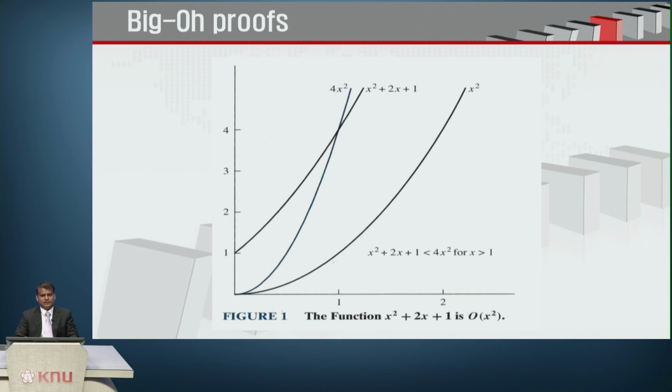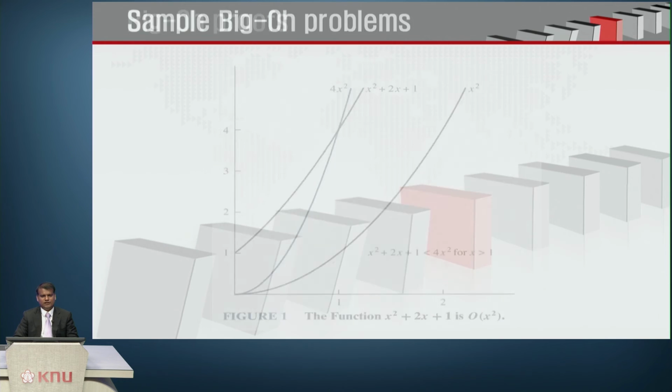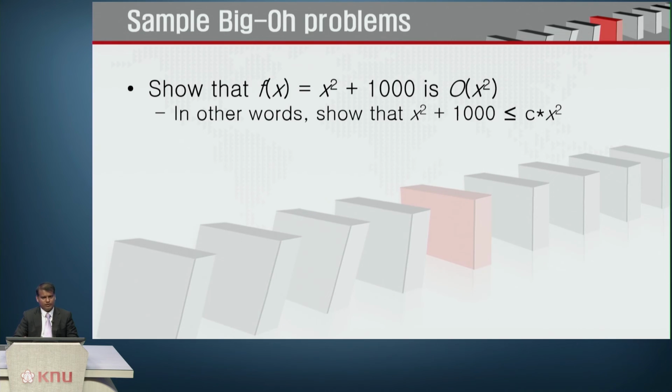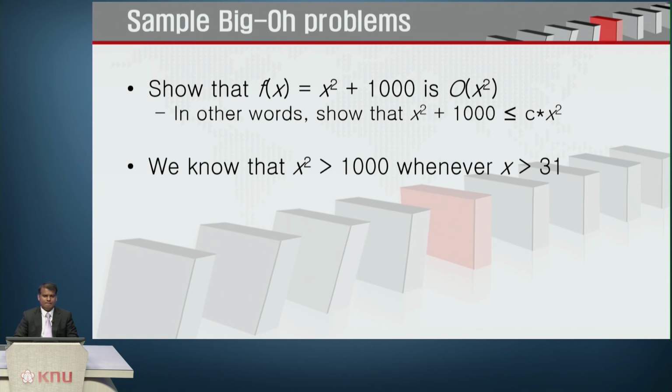Let us look at this example. The big O proof, where you have the function x squared plus 2x plus 1 and big O x square is given to us, and it is kind of a linear increase in this linear line. Let us look at this big O problem again. x squared plus 1000 is big O x square.